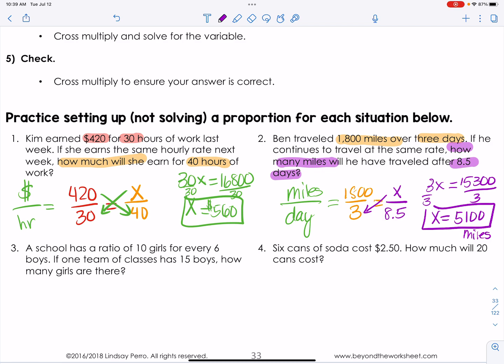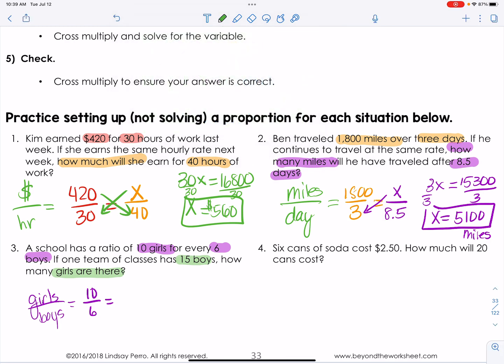All right, so on 3, a school has a ratio of 10 girls for every 6 boys. In one class there are 15 boys. How many girls are there? It doesn't matter which way you do the ratio. So I'm going to do girls, boys. If I look at the purple, there's 10 girls and there's 6 boys.